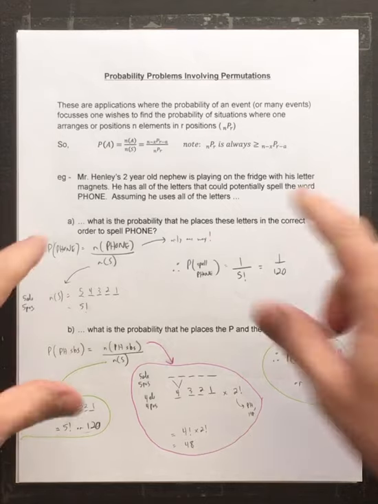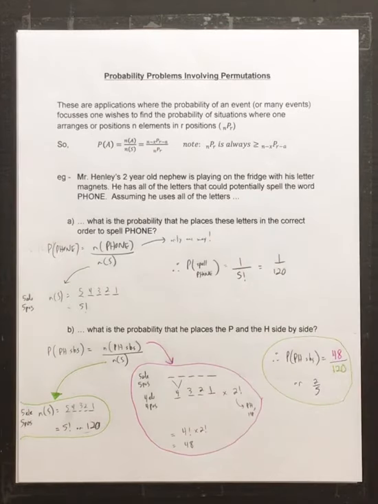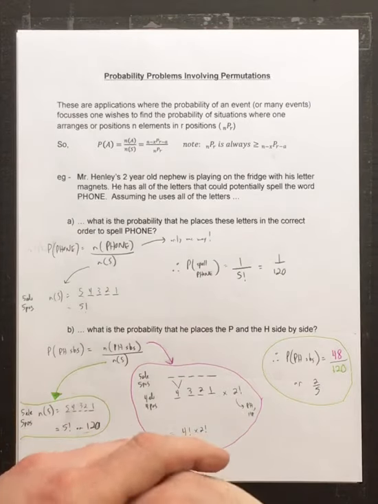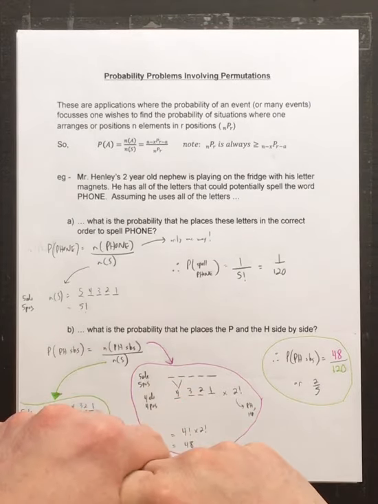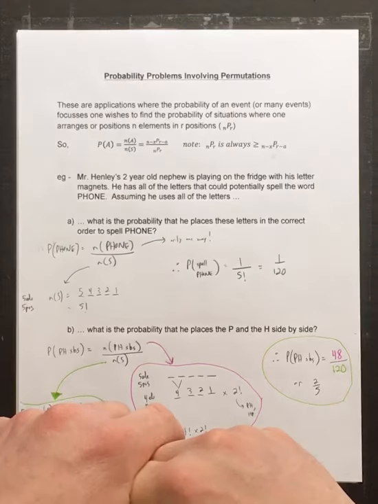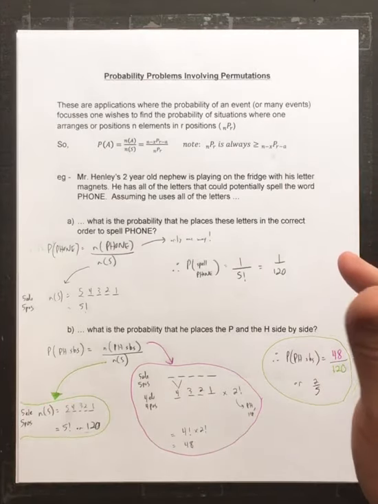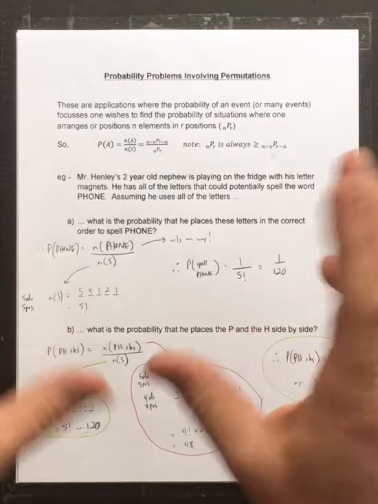Okay, so first we'll start with probability problems involving permutations. And then we'll work on probability problems involving combinations. So to start with, for permutations, try to remember that permutations are situations where we have positions available where someone is given a label that makes them different than someone else.